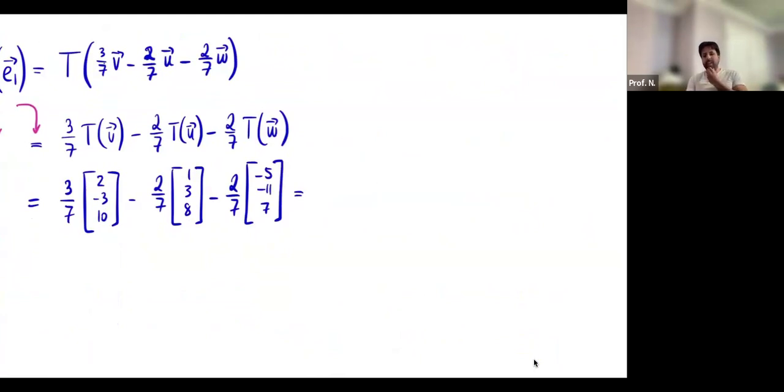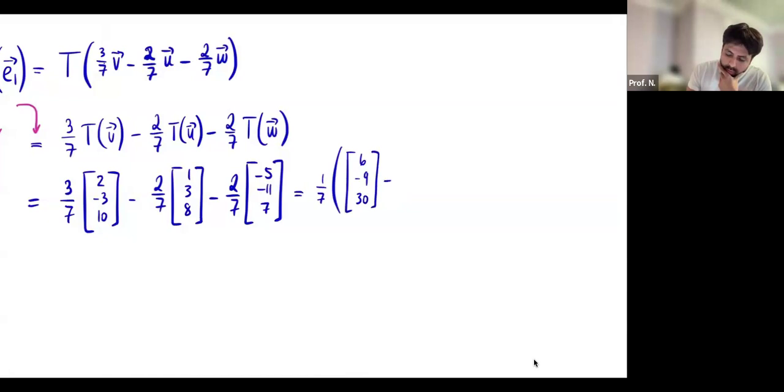And using your calculator might be a little easier to deal with, but let's see if this works out for us. I'm gonna factor out the 1/7 for now. I'm just gonna multiply by 3. What do we get? We get 6, negative 9, 30.